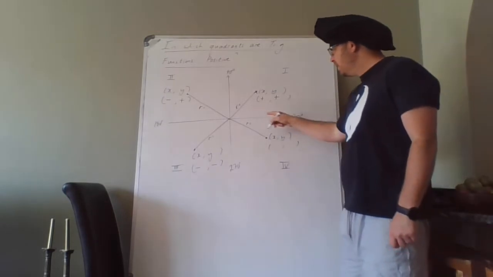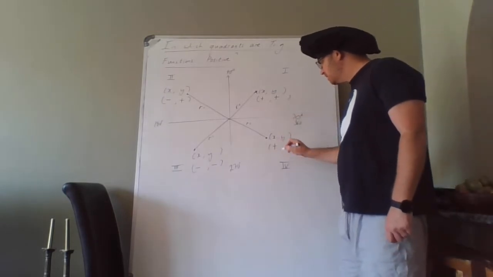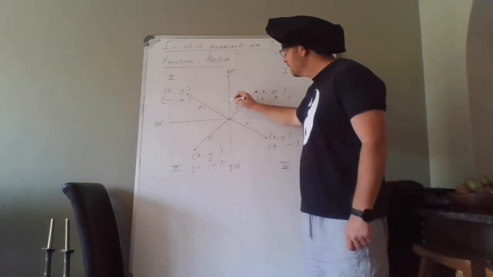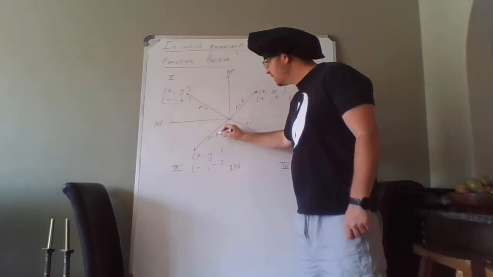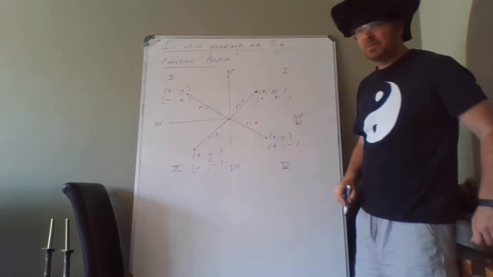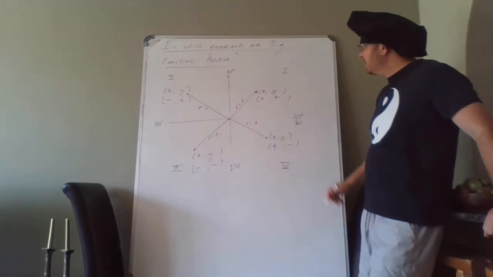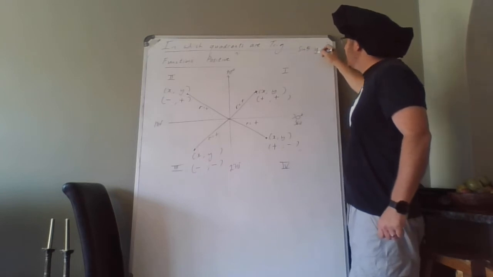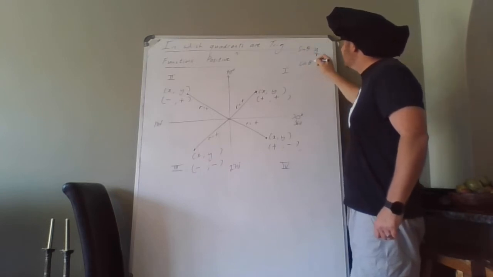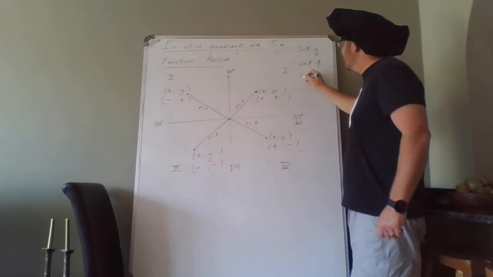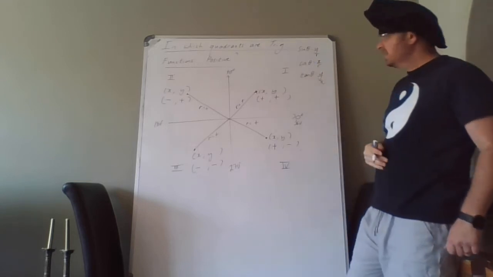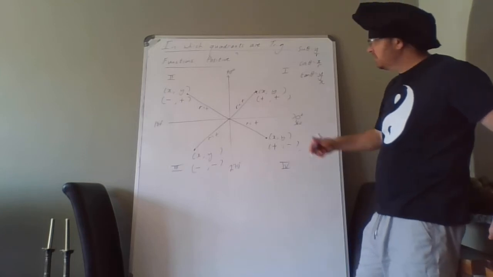And in quadrant 4, I've gone to the right, so my x-coordinate is positive, and my y-coordinate is negative. And in all cases, well, your radius is a distance, so your radius is always positive. Right. And from that, and using our definitions, that sine is the y-coordinate over the radius, cos is the x-coordinate over the radius, and tan is the y-coordinate over the x-coordinate, then it's pretty obvious where things are positive.